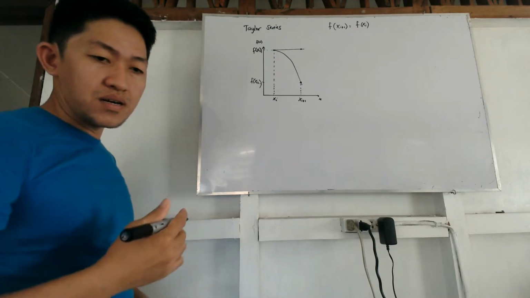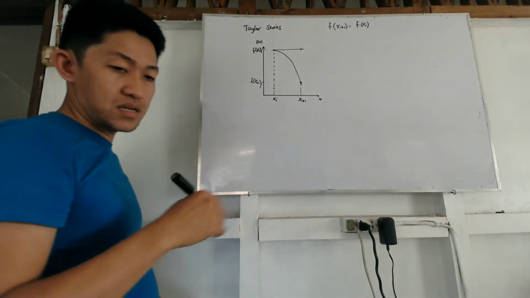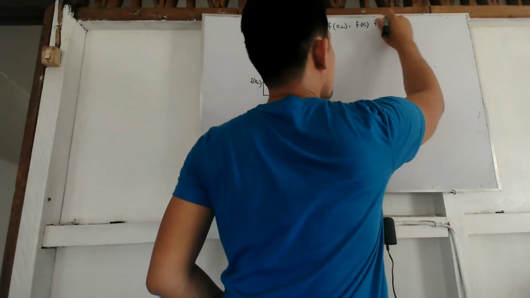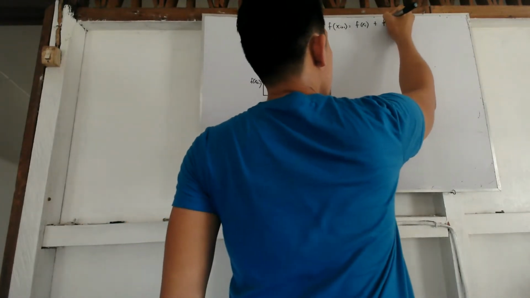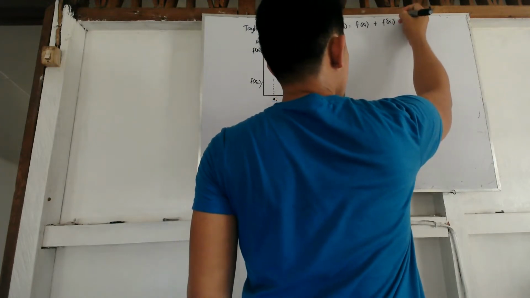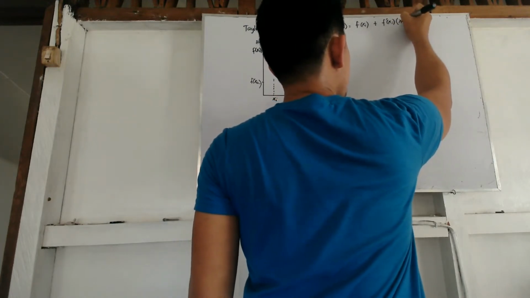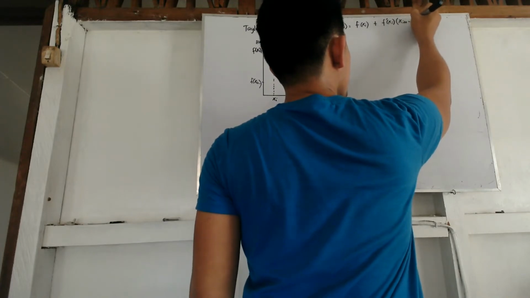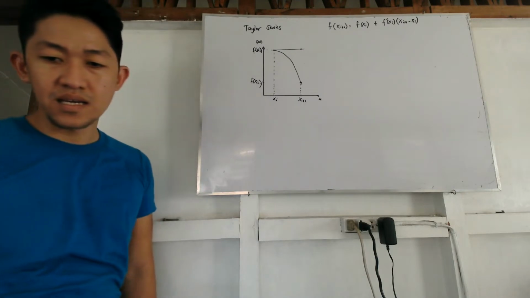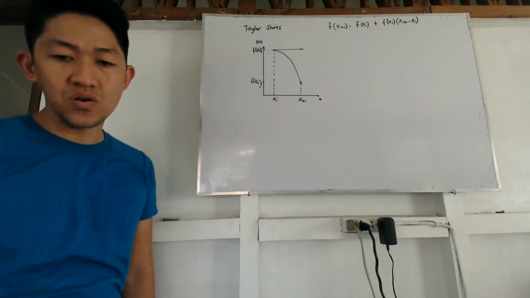So, to make your approximation more accurate, you need to add an additional term. So, what are the additional terms? Plus the first derivative of x sub i times x sub i plus 1 minus x sub i.